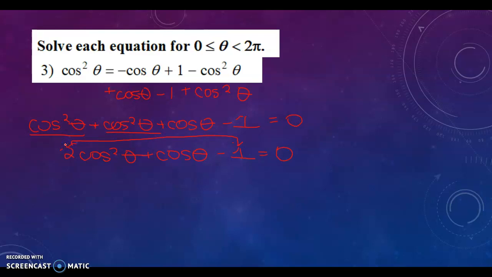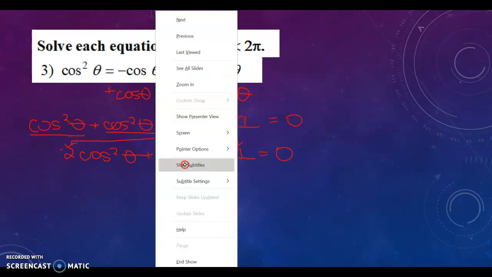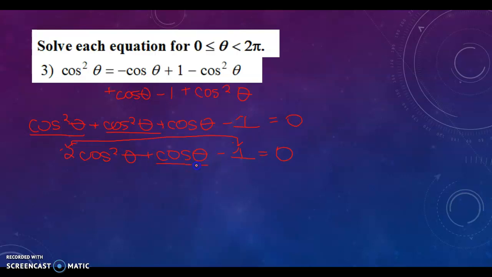Right, 2 times negative 1 is negative 2. Right? I want my factors of negative 2 that are going to add to b. In this case, my b is the coefficient in front of cosine, and since there's nothing there, we know it's just a 1. So my factors of negative 2 that add to 1, it's going to be positive 2 times negative 1.